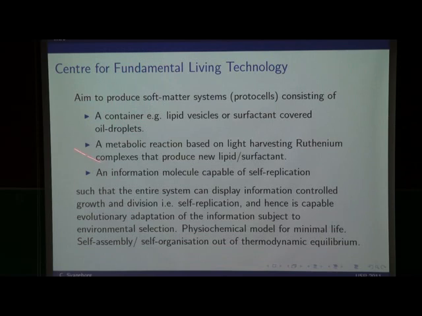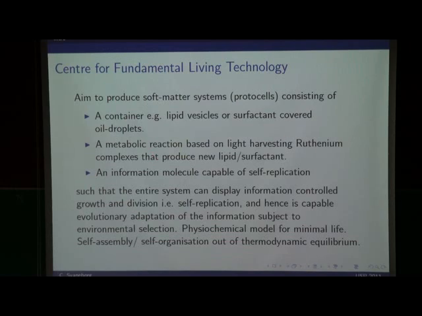This container should be equipped with a metabolic reaction, so it should be able to do chemistry. The current implementation is based on ruthenium complexes that can harvest light, take energy from the light, and use that to drive chemical reactions inside these containers. What they do is produce new material of the container itself.